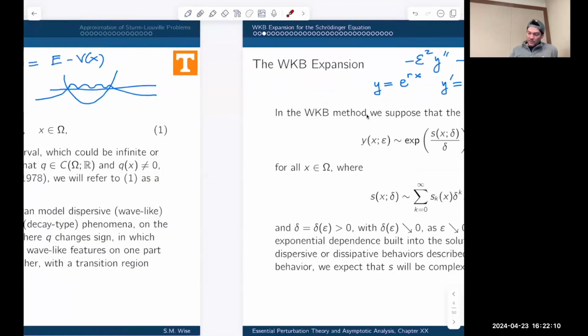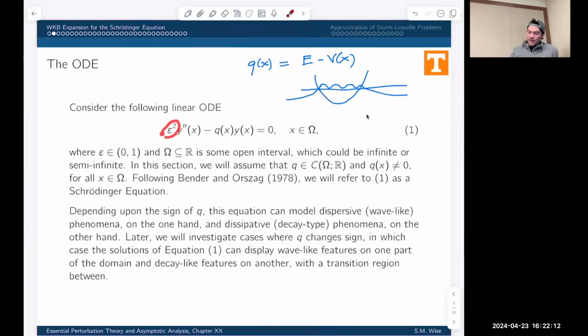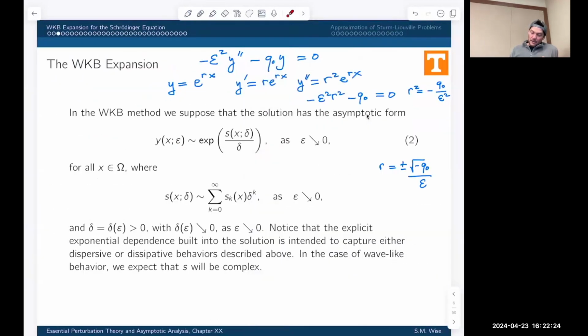That's the limit in which we're looking at this. You may also see this if you look up WKB: sometimes they'll put the parameter here and say the parameter is getting large, but that's the same as if the parameter is here and getting small. So this is the basic solution ansatz, the setup for WKB.